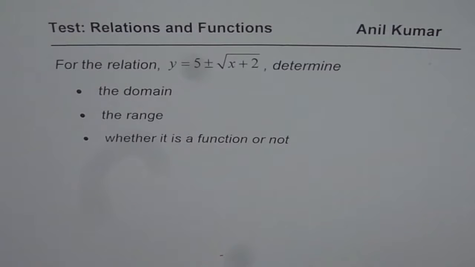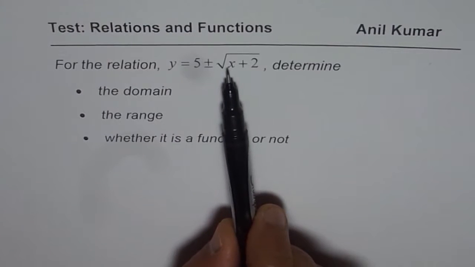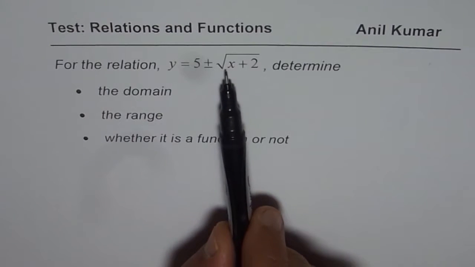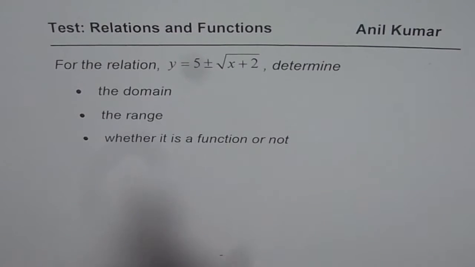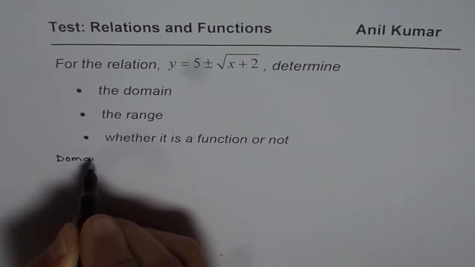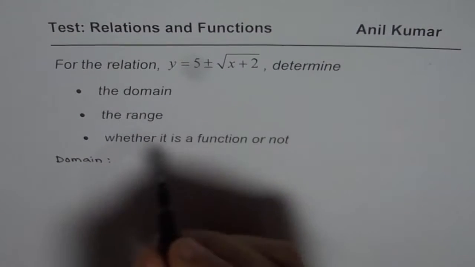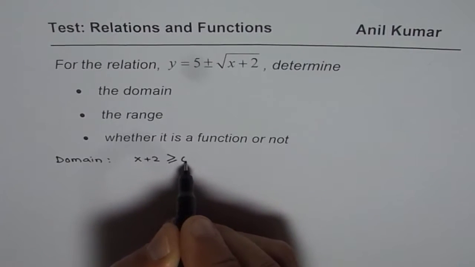Now, to find domain and range for this particular function, there are a couple of alternatives. We can actually sketch the function. That is one thing. The simple thing for domain is that the square root part should always be non-negative. So what should we do for domain? For domain, we can say that x + 2 should be greater than or equal to 0.